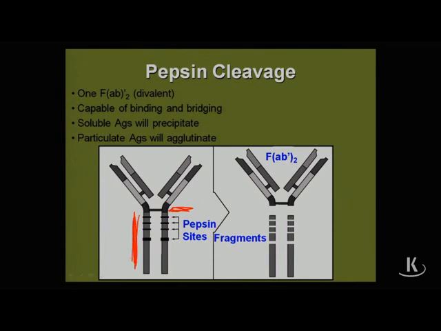But what you're left with is still a bivalent antibody molecule, so you can still bind 2 antigens. What that means is that after pepsin cleavage you can still agglutinate and you can still precipitate antigens. So that's the most important thing.